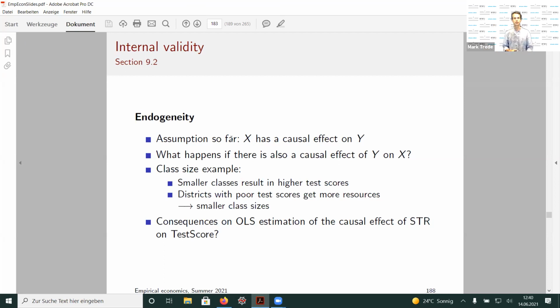And you could even think of more bizarre examples. For instance, I think today it's obviously true that smoking reduces your life expectancy. But even here, one might think of a causal effect which goes the other way around.